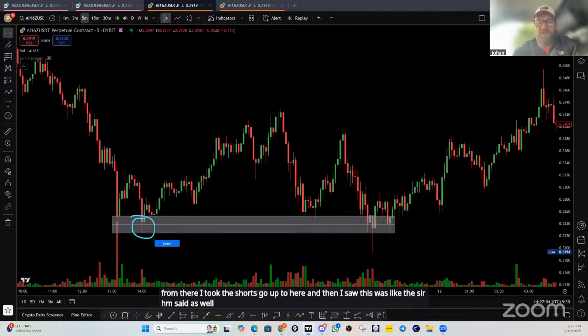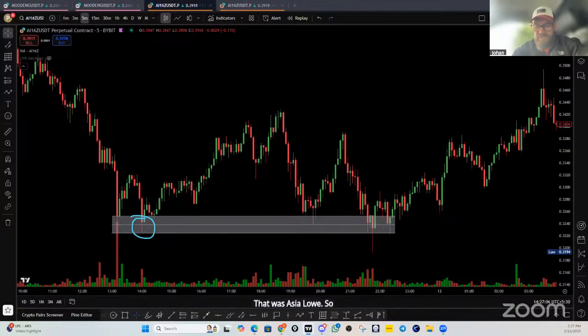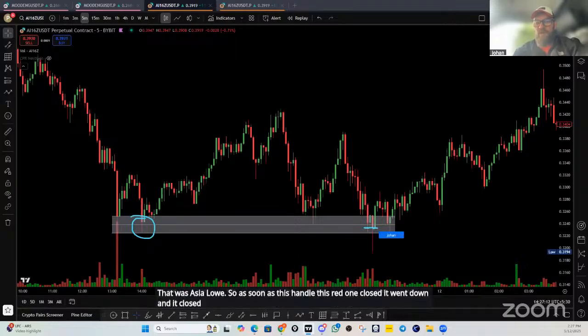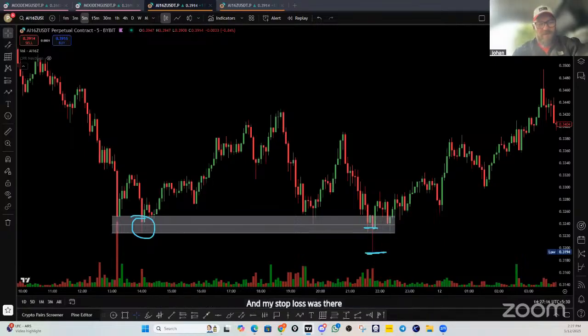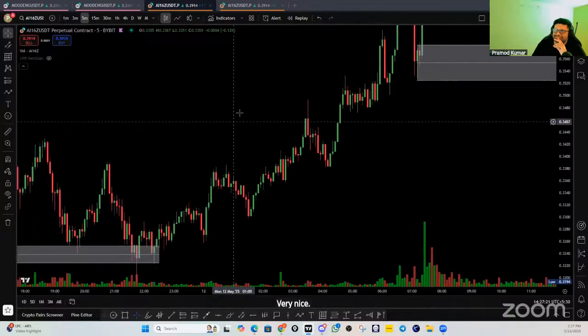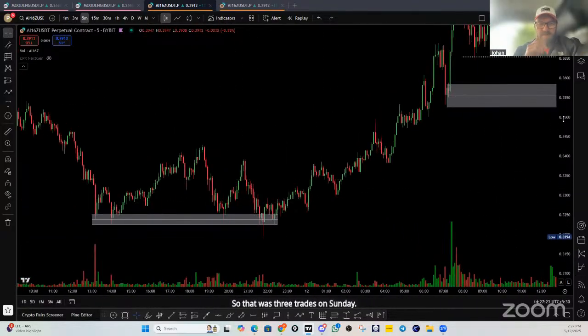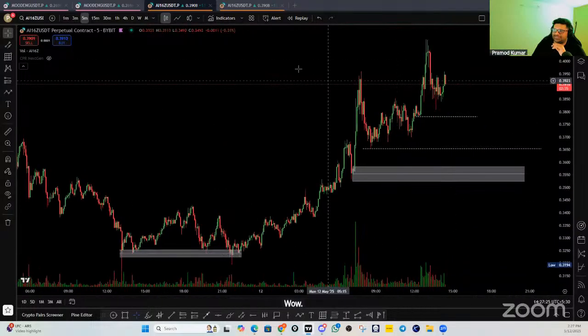As soon as this red candle closed, it went down and closed. Immediately I entered long from there, my stop loss was there, and still I'm holding. Very nice, sir. So that was 3 trades on Sunday.